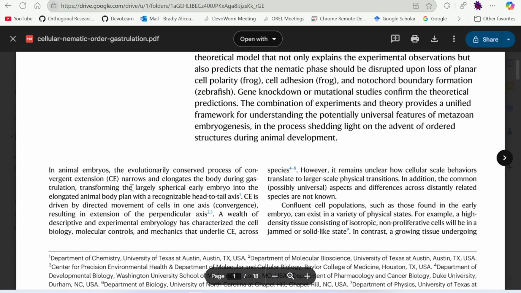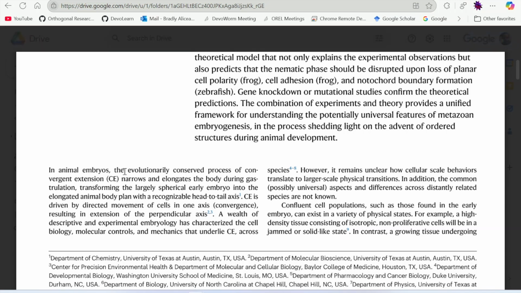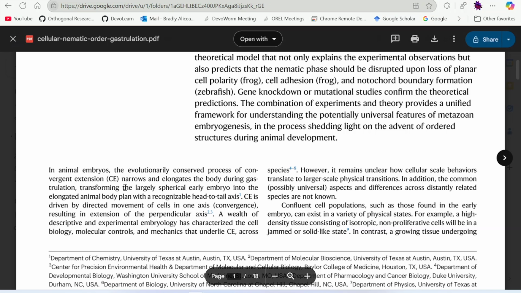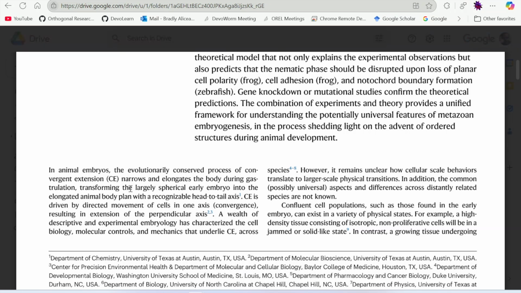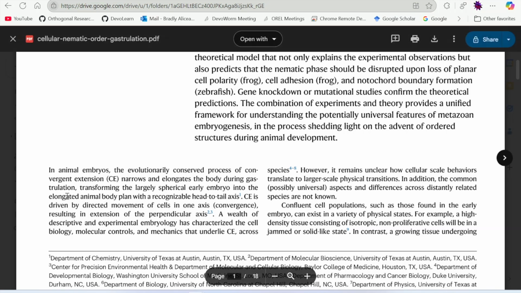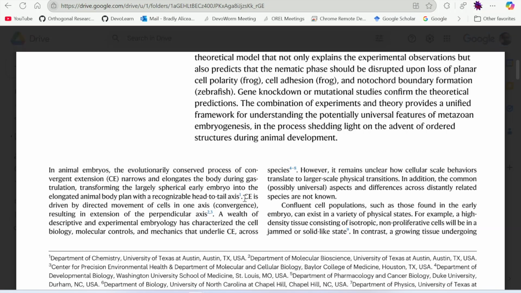So yeah, this kind of talks about what they see as this evolutionary conserved process of convergent extension, where you go to narrowing and elongating of the body during gastrulation, where you get this transformation from largely spherical early embryos into the elongated animal body plan with this head to tail axial organization.